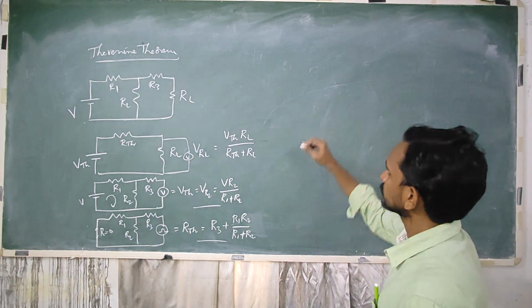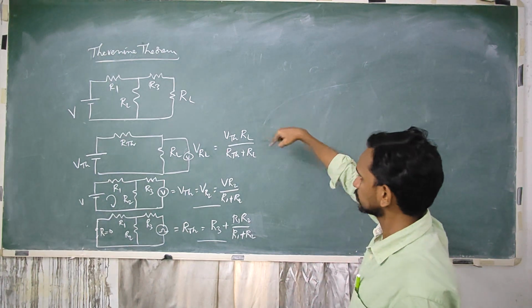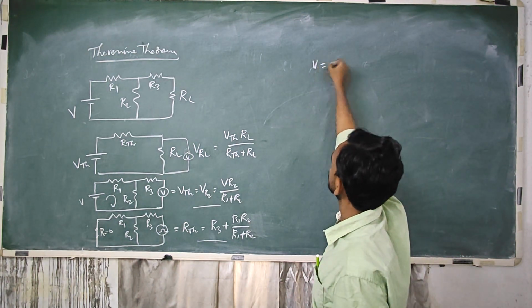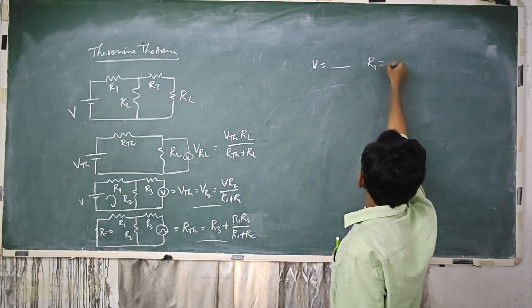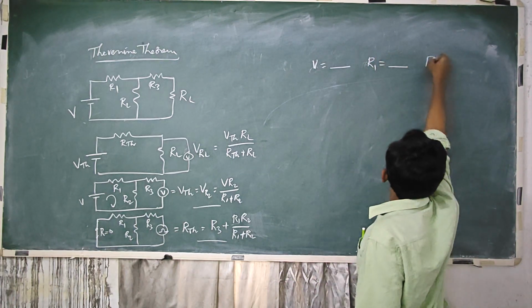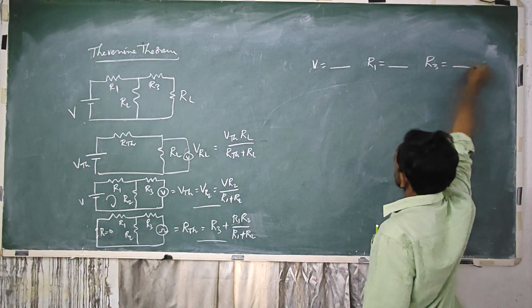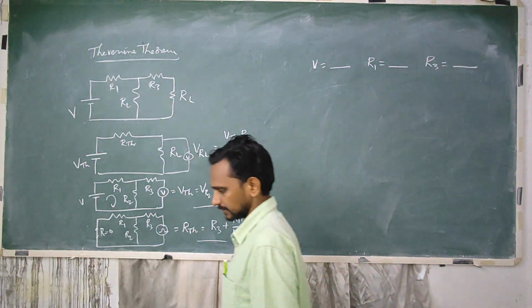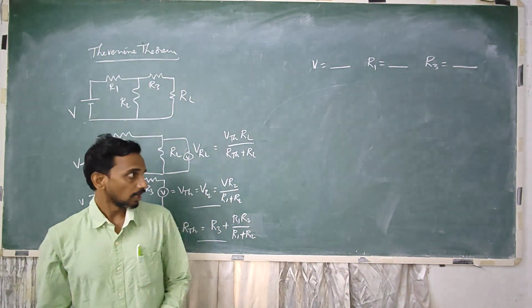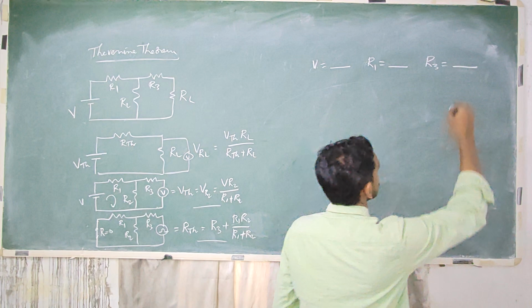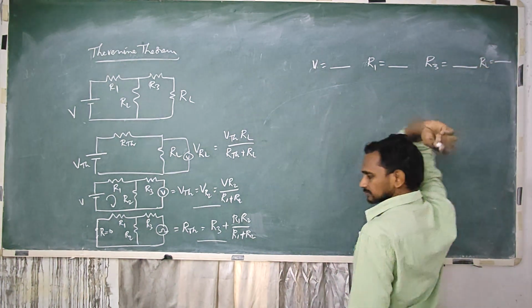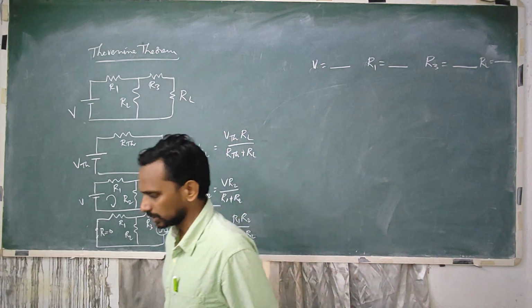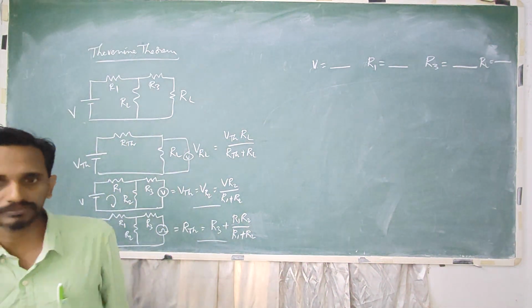So what all do we need to take as input? Other things like V, some value, R1, some value, R3, some value. These are the constants. RL is also a constant. I'm taking all those things as constants.